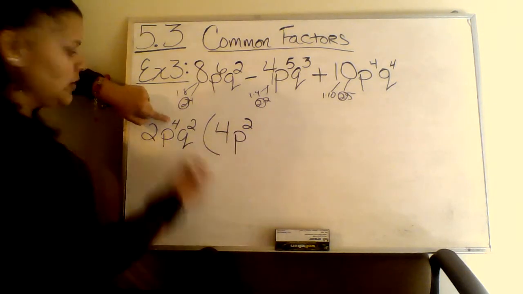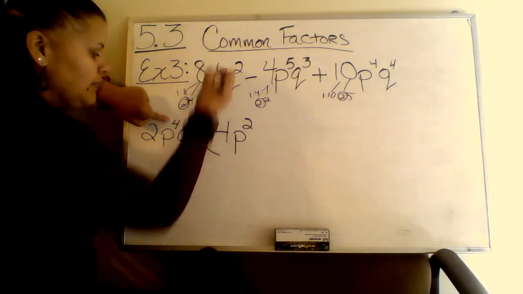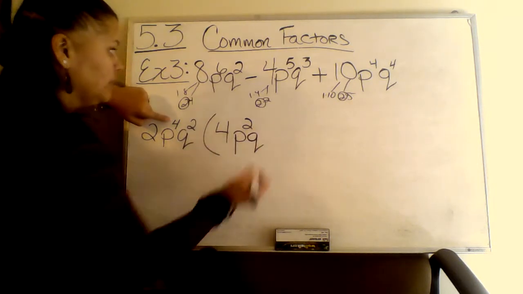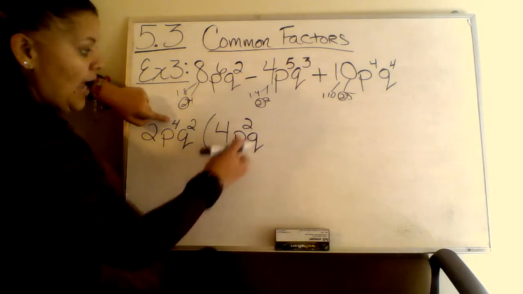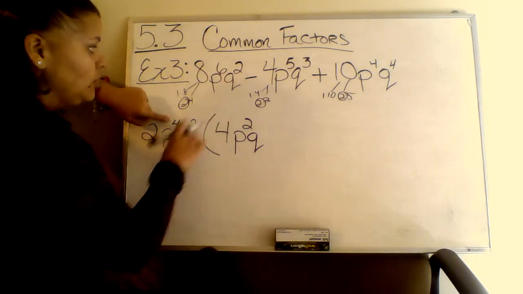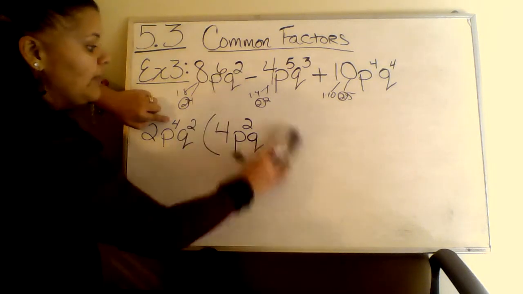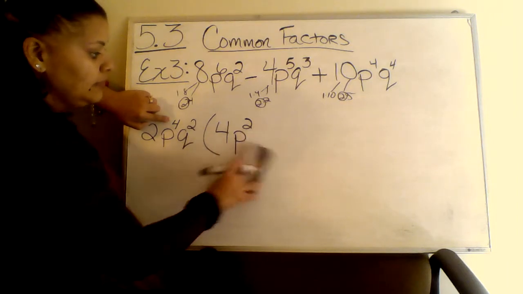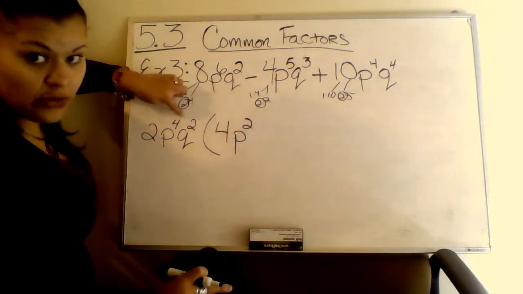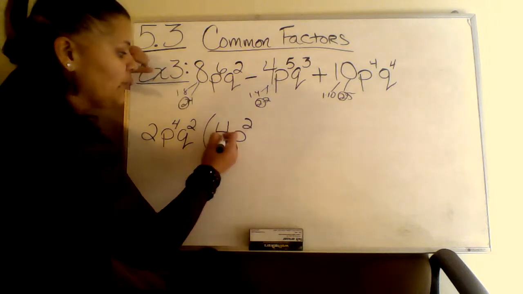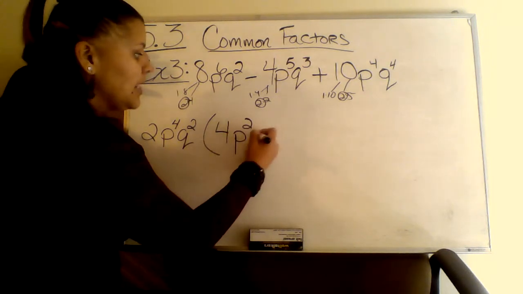I'm left over with 2 because 4 plus 2 is 6. And then my Q. Do I have any Q's left? I have 2, and I had 2 in there. So that means no Q's, because I already have the amount of Q's I need here. So this one's just 4P squared. Now I bring down the sign, it's minus.